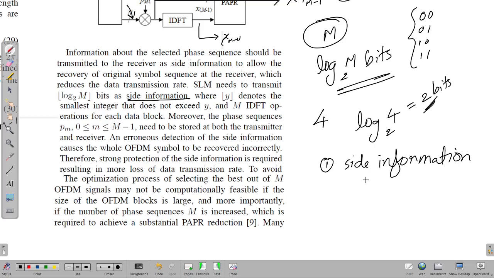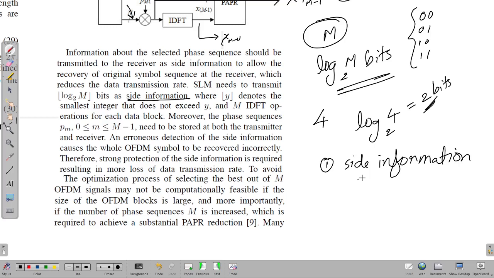You need some energy and some method to transmit the side information also. So you are definitely going to lose some data rate in order to transmit it. For every x tilde, you need to also transmit the side information. That is one of the disadvantages of the SLM technique.